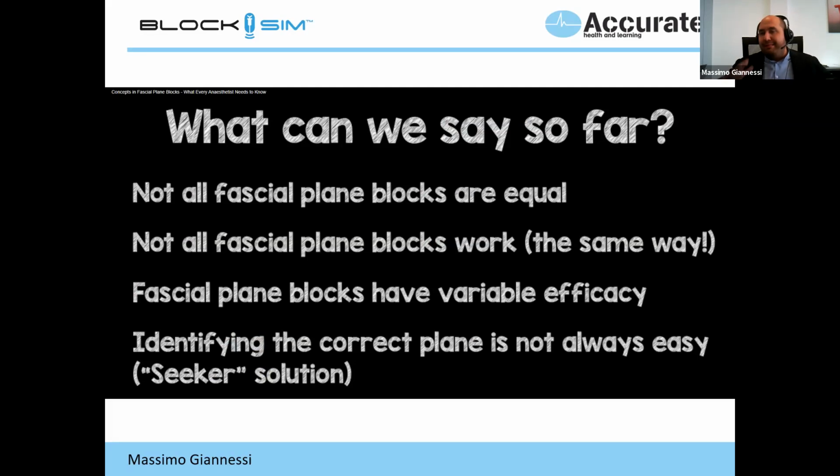Some of them open layers, some of them open a region. Also, fascial plane blocks have a variable efficacy, and that is more important in the clinical environment. And in particular, what brought us to start thinking about a simulator like that is that identifying the correct plane is not always easy. And that's what the trainee needs to train on.